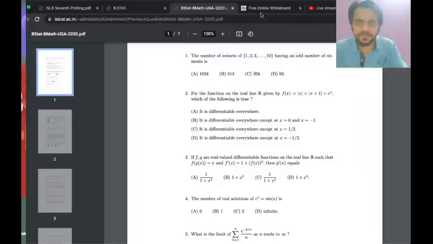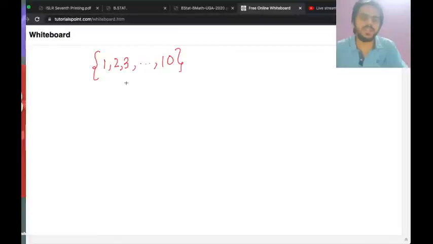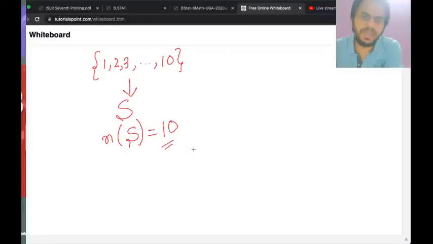Let me denote this set by capital S. The number of elements in this set is equal to 10. If I have 1 element, it's okay. If I have 3, it's okay. If I have 5, it's okay, till 9. Which are not okay for us? 2, 4, 6, 8. These are not okay for us.